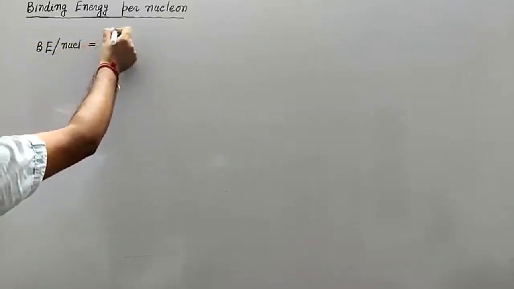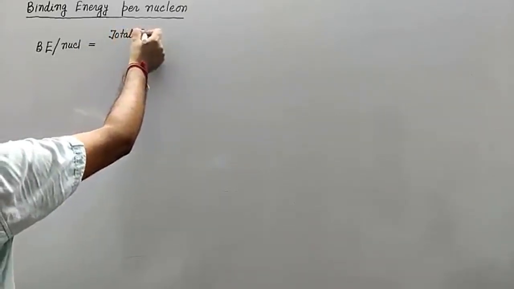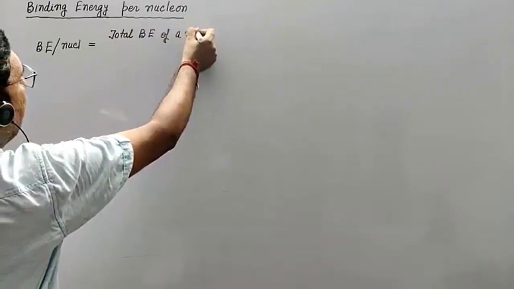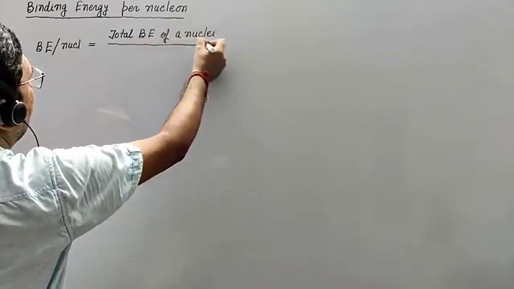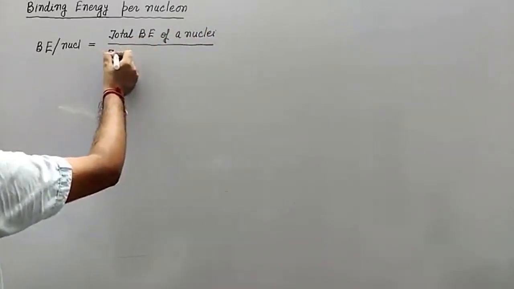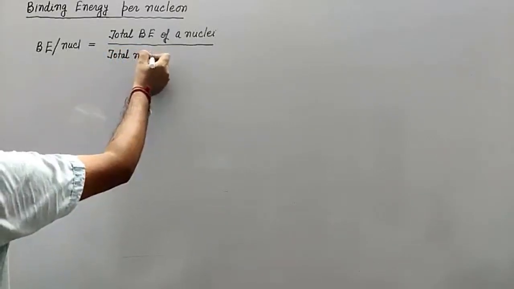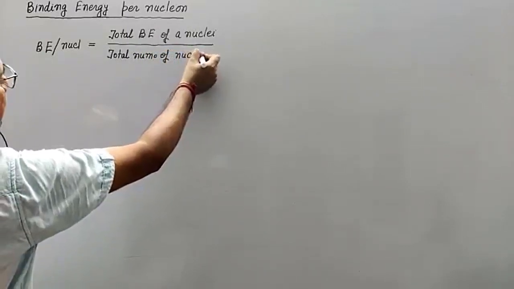Binding energy per nucleon means the total binding energy of a nucleus divided by the total number of nucleons. By using this formula, we can easily find out the binding energy per nucleon.